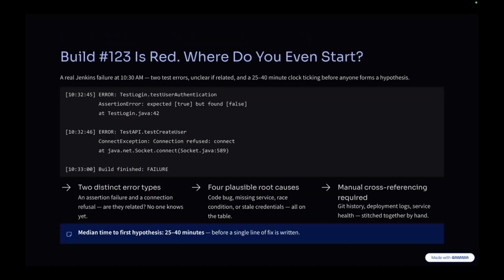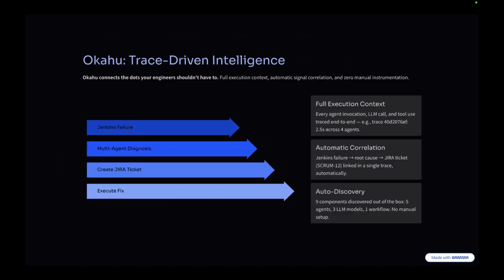So let's take a real example of two failures. Here I have an error due to test user authentication, and the other error is test create user. These are two distinct error types, and manually debugging them will take approximately 20 to 40 minutes for an engineer. If we parse these logs through our ops pipeline, we will check how we can remediate this within minutes.